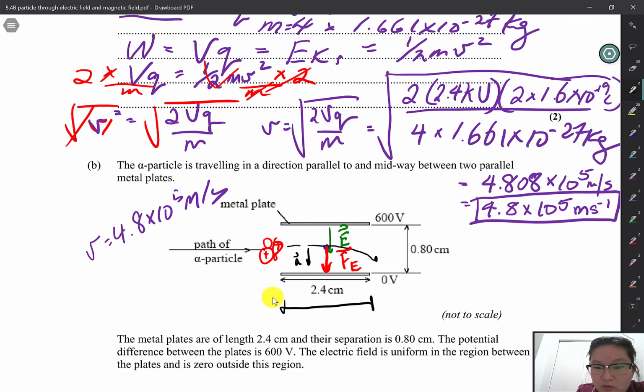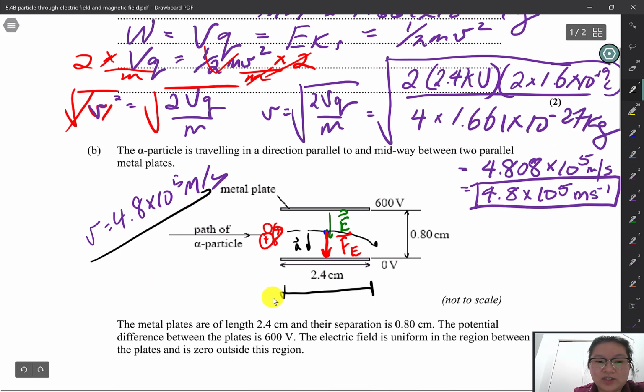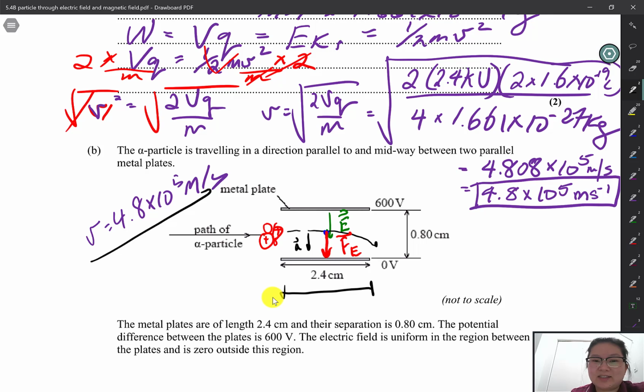It has to go through the plates. So in order to do that, you need the speed that you got in the first part of the question, which, yes, IB is really tricky, it really forces you to use every part of the question possible. So be careful of that.